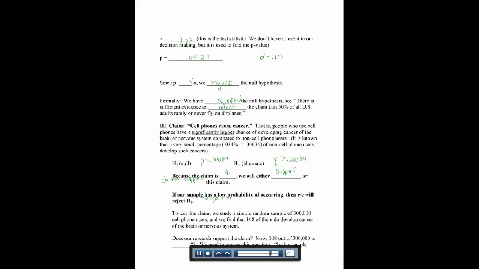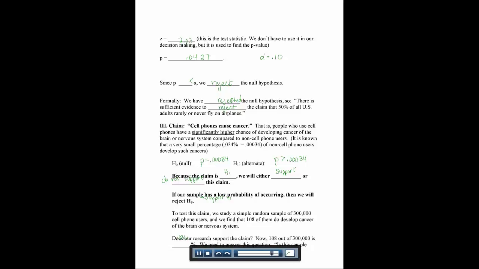If we do not reject H0, we do not support H1. Okay, so it says to test this claim, we study a simple random sample of 300,000 cell phone users. We find that 108 of them do develop cancer of the brain or nervous system. Okay, so 108 out of 300,000 is 0.036%, so that's what we're testing.